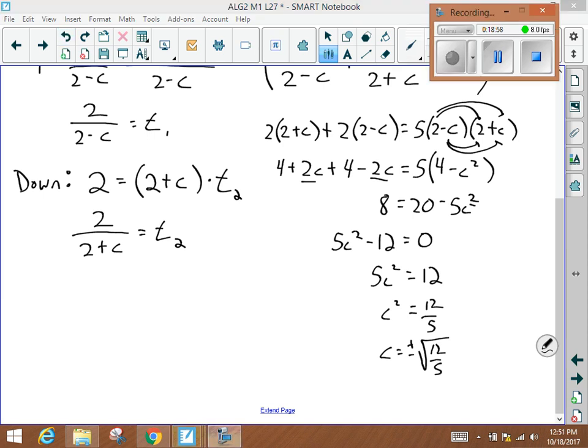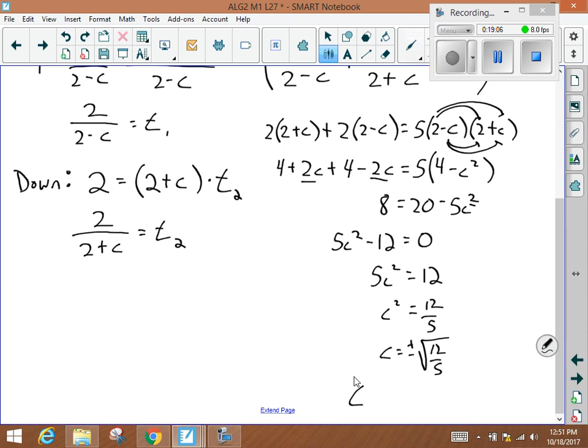So I'll put that into my handy dandy calculator real quick. And that gives me approximately plus or minus 1.549.